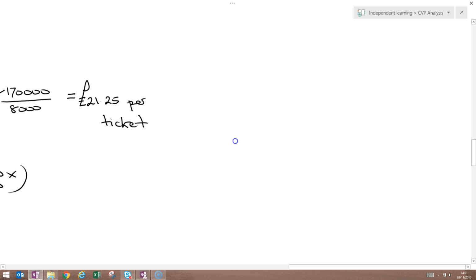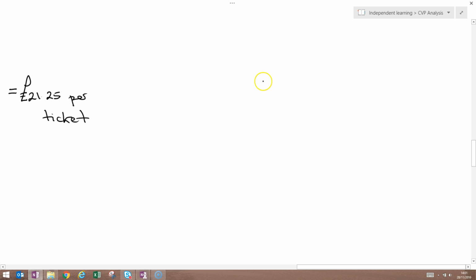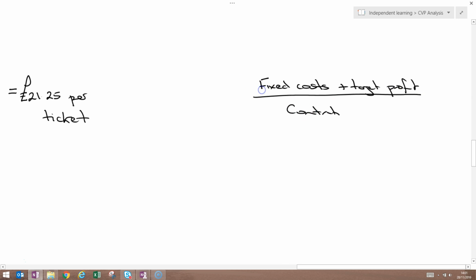So the target profit formulae, we know it's the fixed costs plus target profit divided by the contribution per unit. And what this tells us is how many units we need to sell to achieve the target profit.